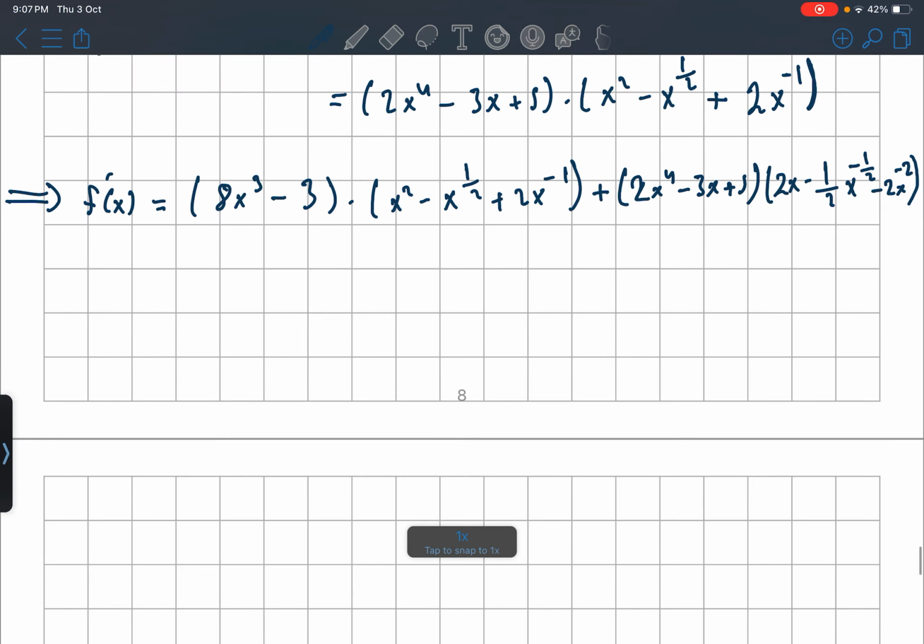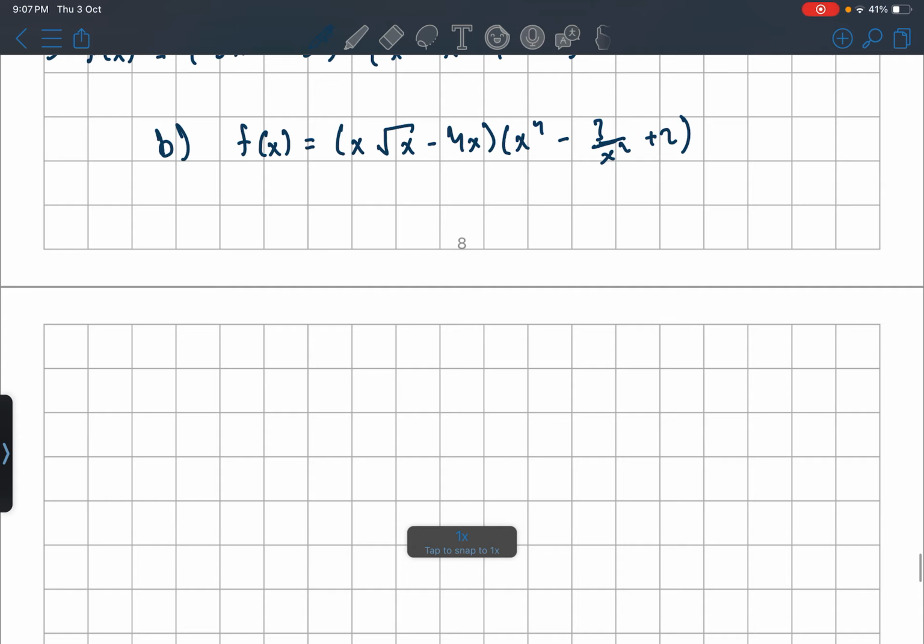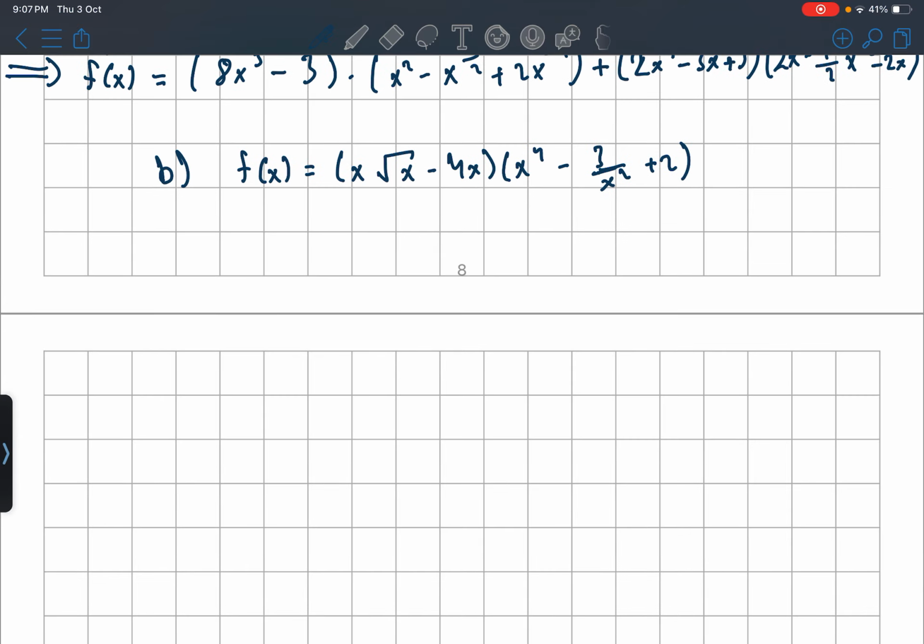Okay, second one, it's b. We have f(x) equals x multiplied by square root of x minus 4x, times x power of 4 minus 3 over x squared plus 2. First we have to simplify it as well.